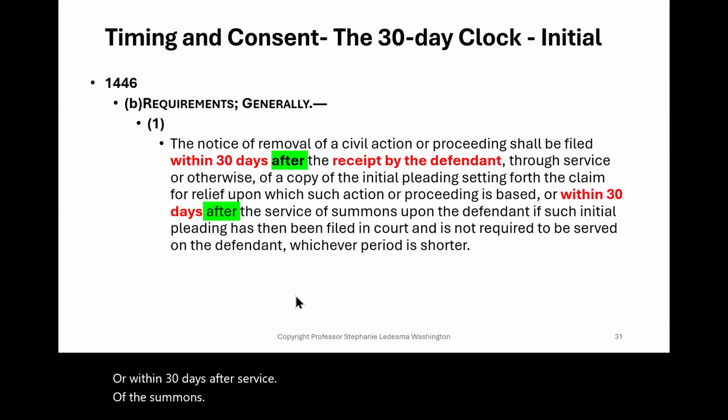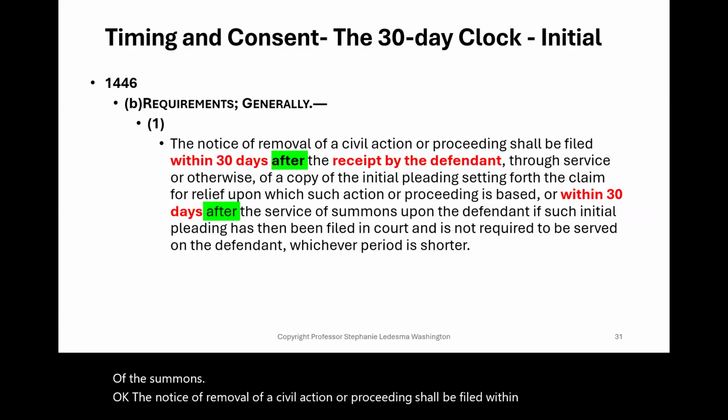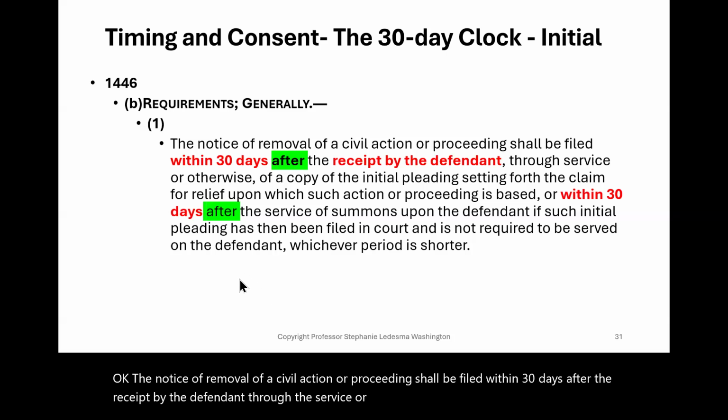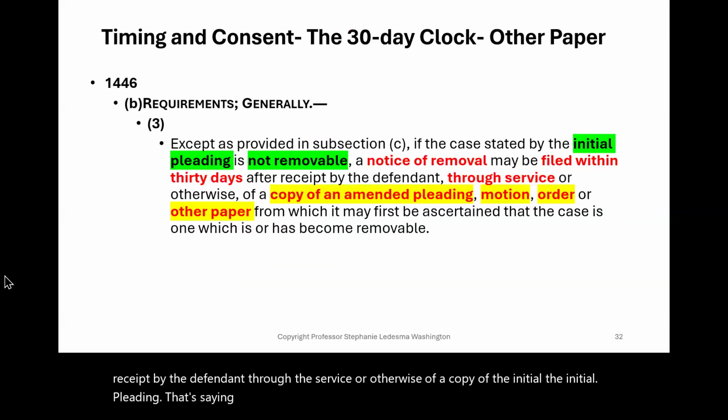Okay. That's saying that on its face it's showing me that it's removable. Okay.